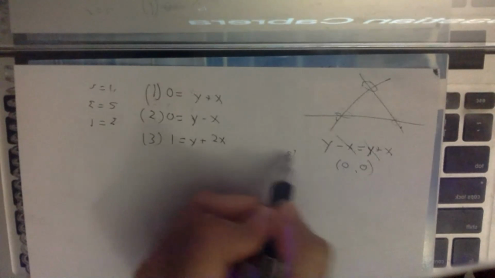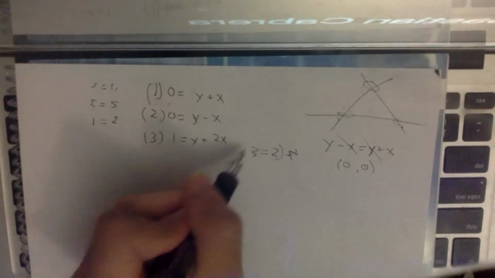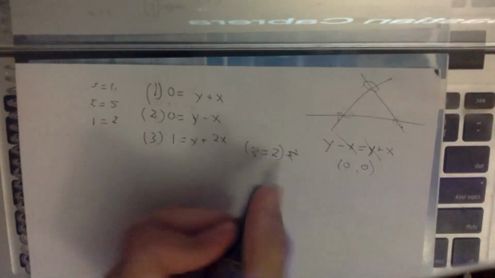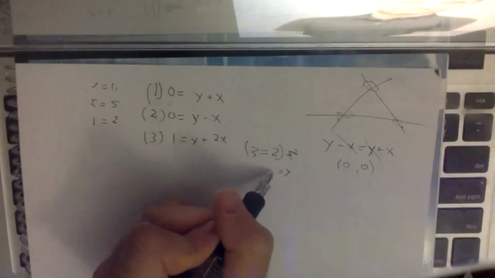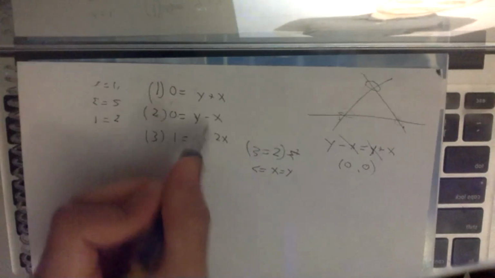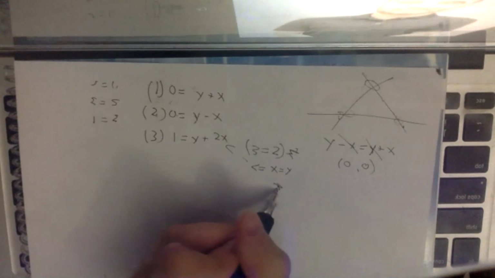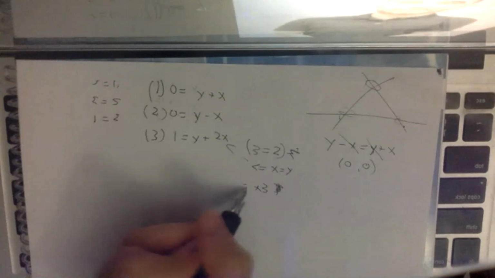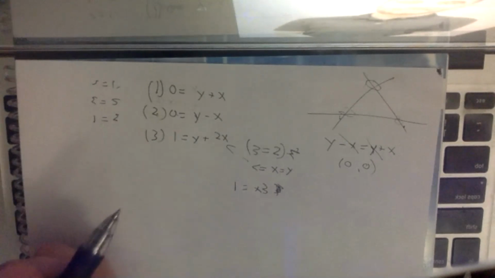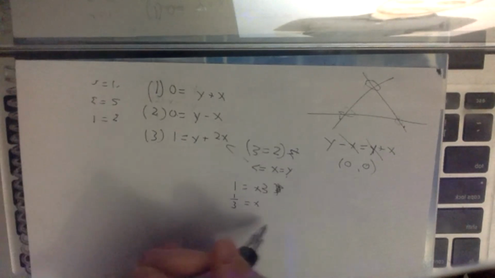Then let's do equation 2 equals equation 3. So this is for y equals x, and we substitute that into this one right here. We have 3x equals 1, so x equals 1 over 3. Y equals x, so the pair is 1/3, 1/3.